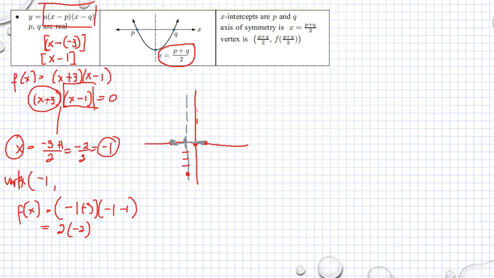Here is how to find the c or y-intercept when x is equal to 0.